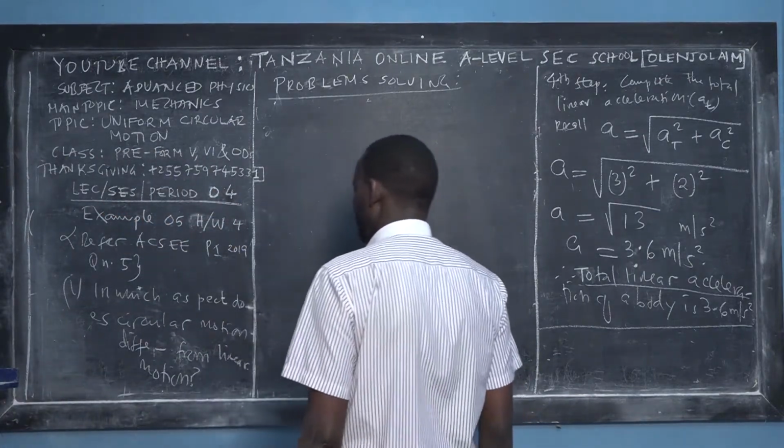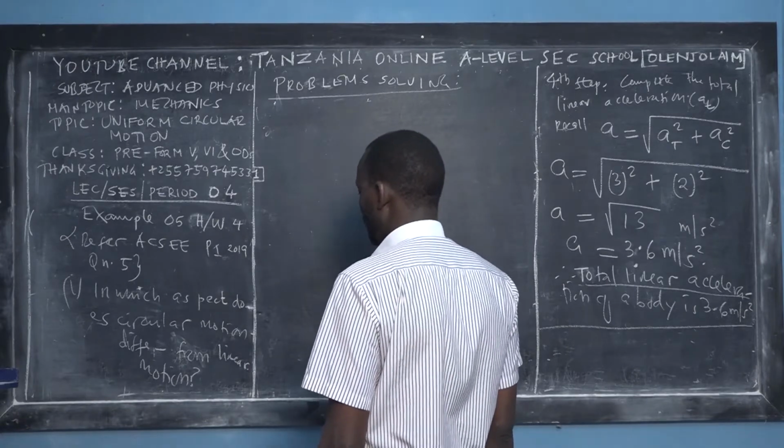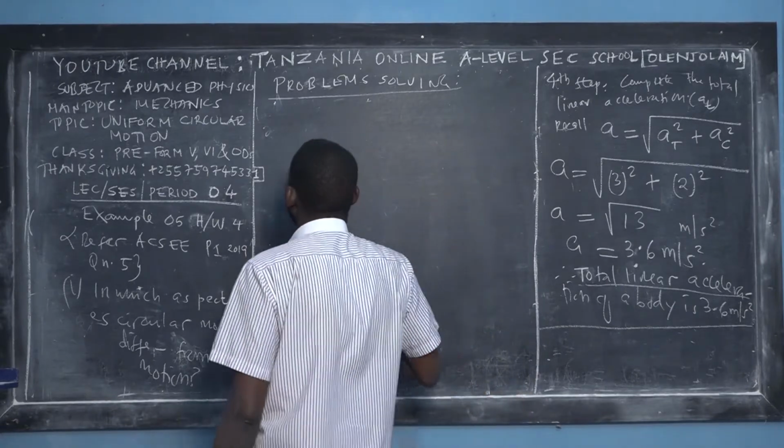So the question is, in which aspect does circular motion differ from linear motion?